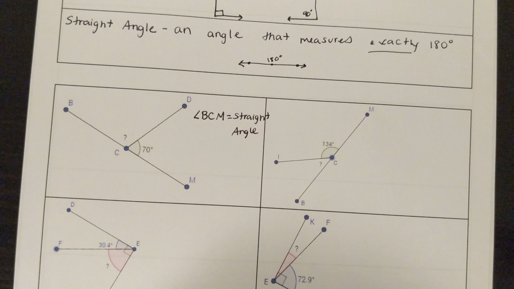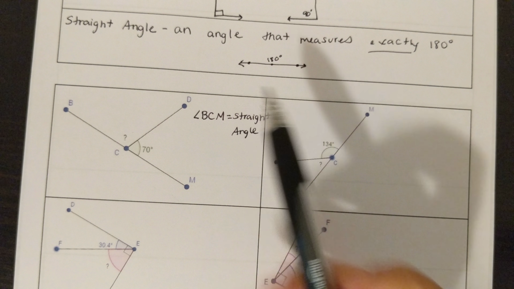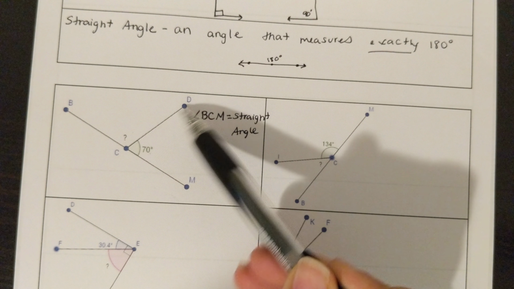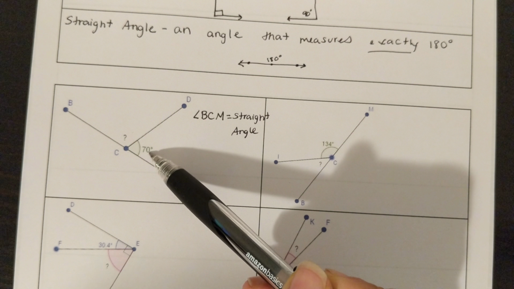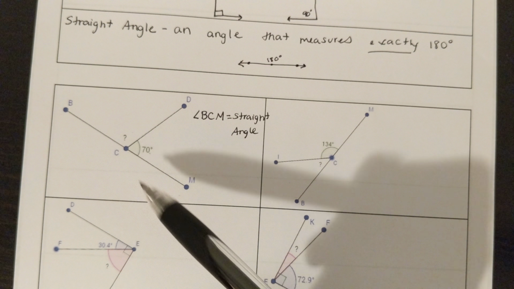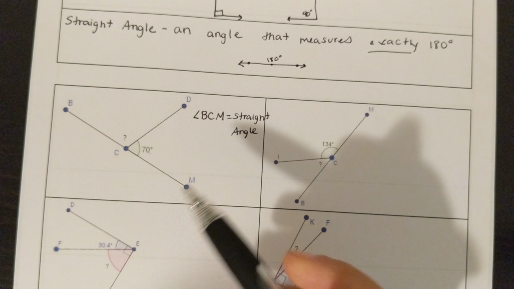Straight angles should equal 180 degrees. Part of that straight angle, DCM, is 70 degrees. We need to know what the other part would be to make this whole thing equal 180 degrees.